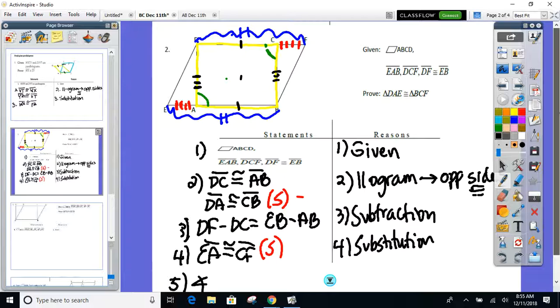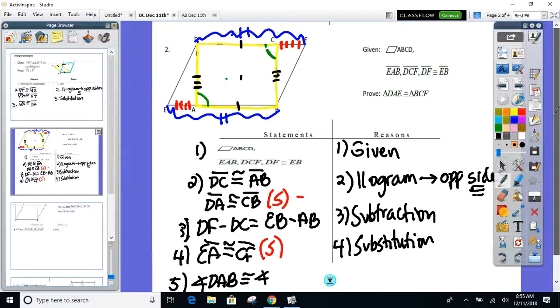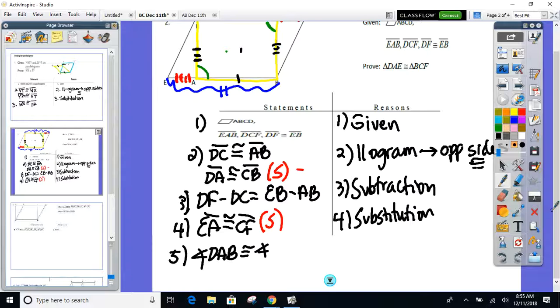So what do we got? Angle DAB, calm down back there. Congruent to angle, if I go DAB, we got to go, let's see, BCD. Doesn't matter what we go. Okay, ready for it? Parallelogram implies, what property do we just apply there?